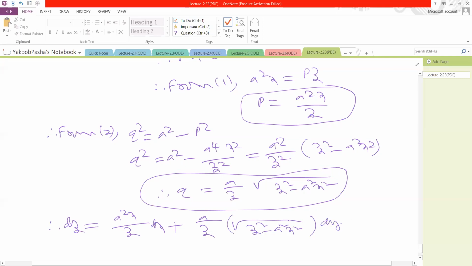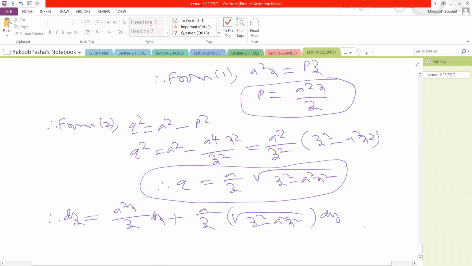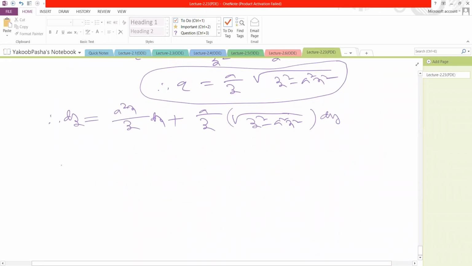P, q values we are substituting, and same simplification like the previous problem. z dz is equal to a square x dx plus a into under root of z square minus a square x square into dy.